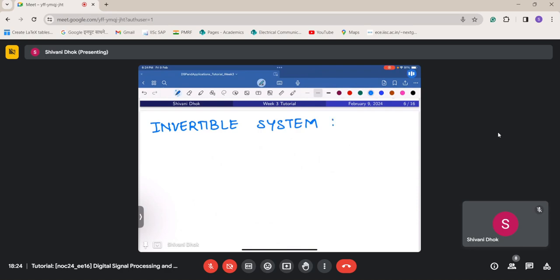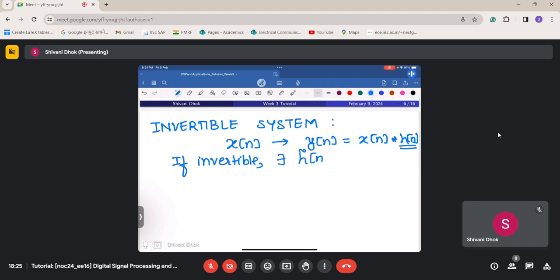So it means that if I give x[n] as an input, then I have output y[n], which is equal to x[n] convolved with h[n]. Now, if this system is invertible, then there exists another system, let's say h tilde[n], such that if I give y[n] as an input, then I get output as x[n].